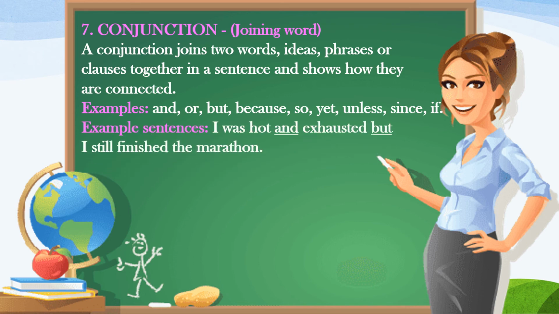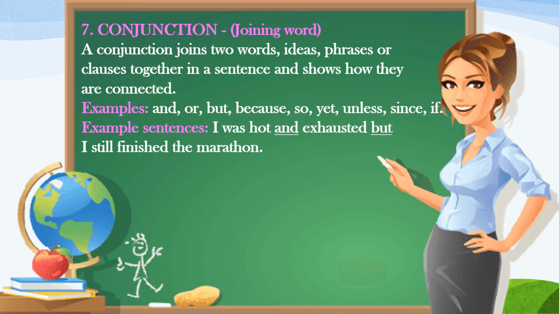Here we have an example sentence. I was hot and exhausted, but I still finished the marathon. So the word and, okay, there is a relation between the words hot and exhausted. They give the same meaning.